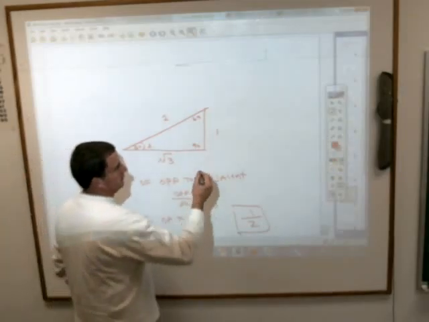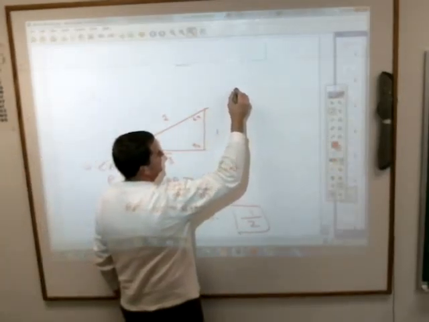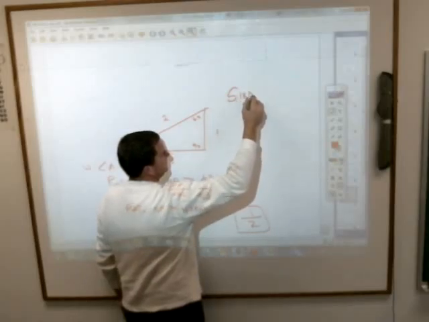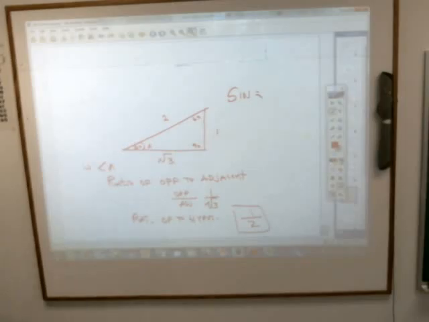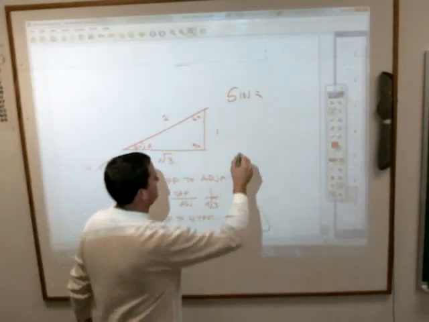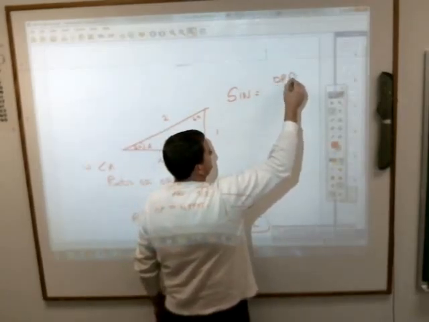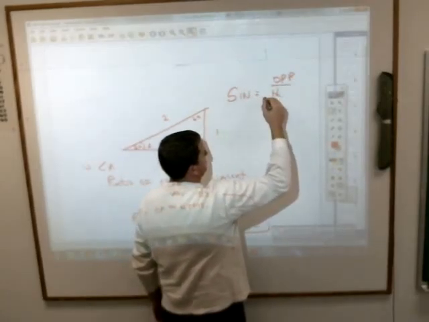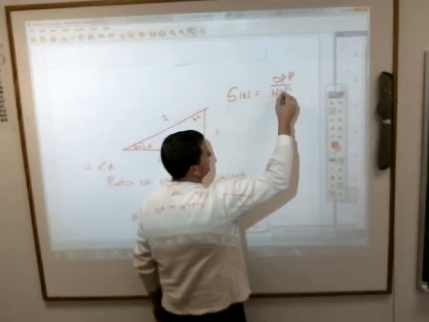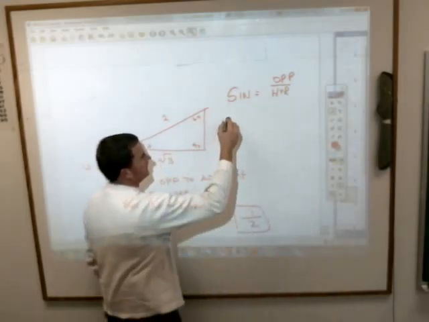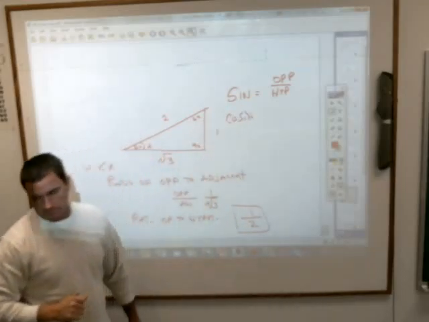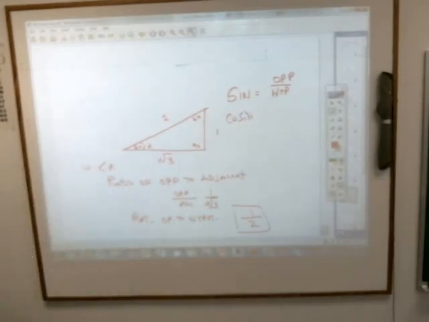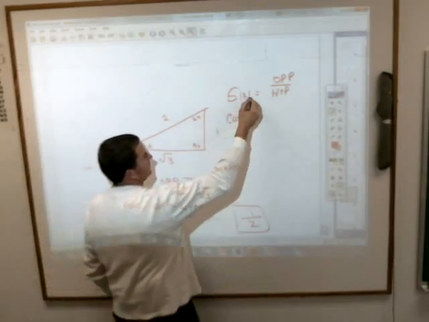Here is the deal with sine, cosine, and tangent. Sine is always the opposite over hypotenuse. I'll put it as sin, that's fine. We're just going to abbreviate that. Cosine, I can put a D at the end of it, I guess. Spell it all out.